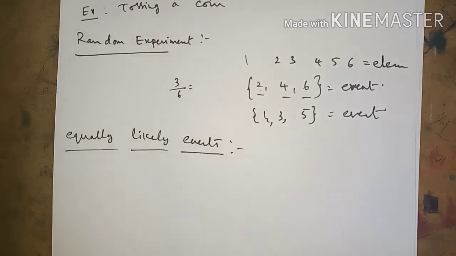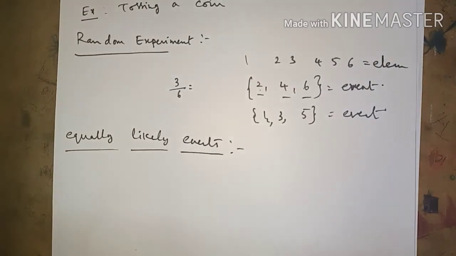In the same way, if you throw a die, there is no reason to expect that we will get 5 only, or 4 only. There is no reason to expect any one of them rather than the other.